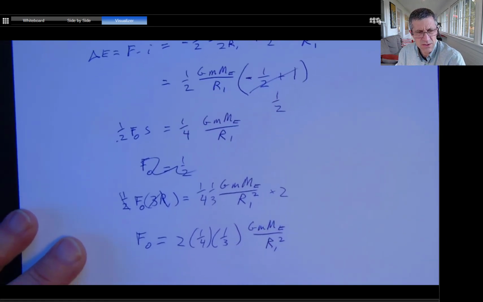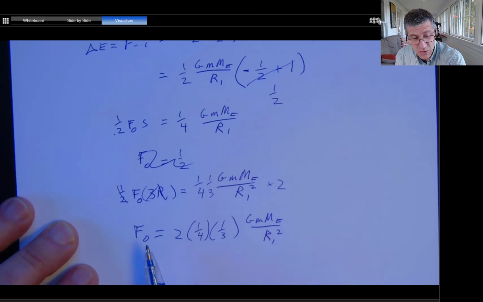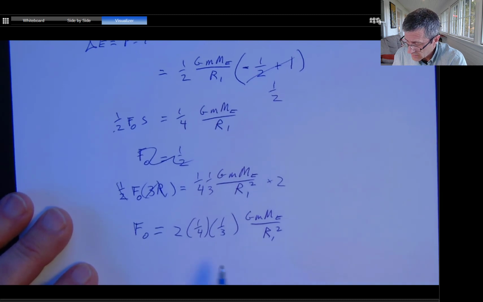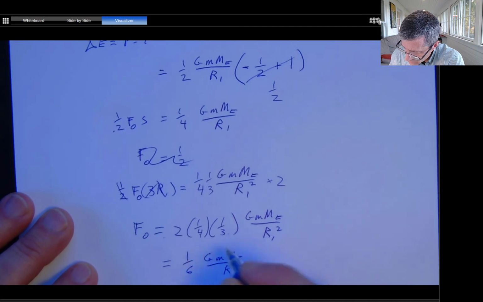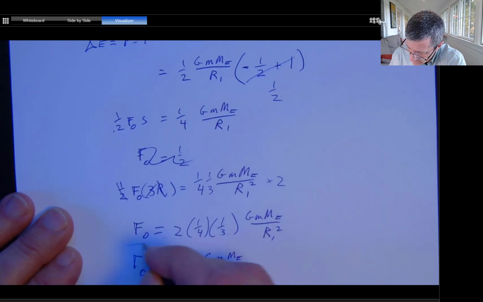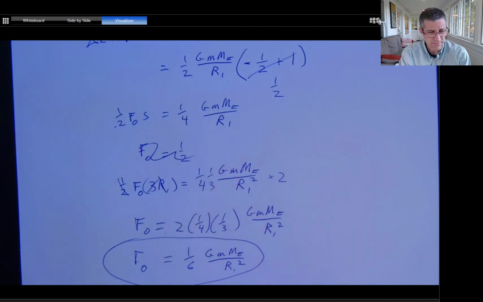Hopefully this starts to look familiar. I have the square of my radius, and this is very similar to the universal law of gravitation, so it makes sense that I end up with the right units. 1/2 times 1/3 is 1/6, so F naught is 1/6 G M E over R1 squared. That's my value of the initial force.